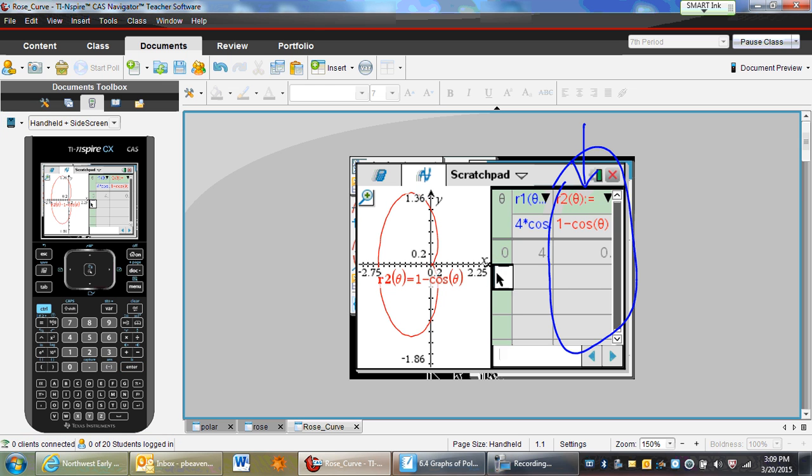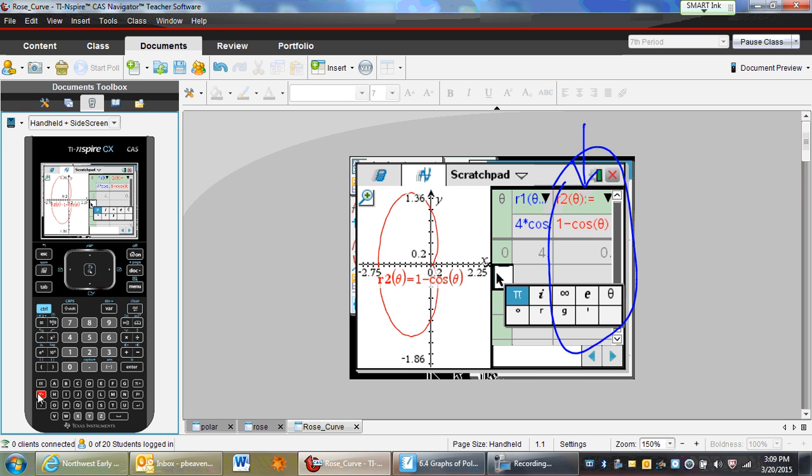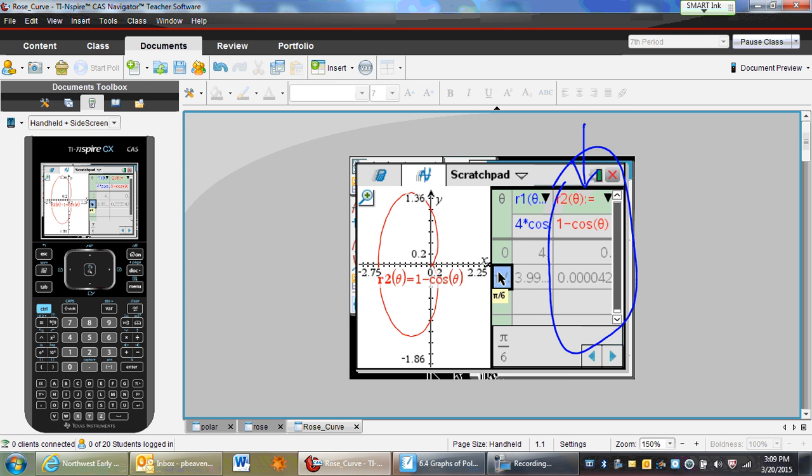Okay, then we can ask for the next value, and that will be pi over 6. So you could select your pi key, and then divide it by 6. Enter. And then you could get, oh, that is not what I had. What number do you guys get? Do you guys get the same number? Yeah. Okay, so I am sensing there is a problem. Are we in radians? I get a different number. What do you get, Adriana? You get 0.4. I had 0.13.